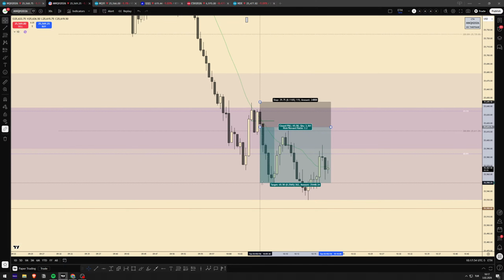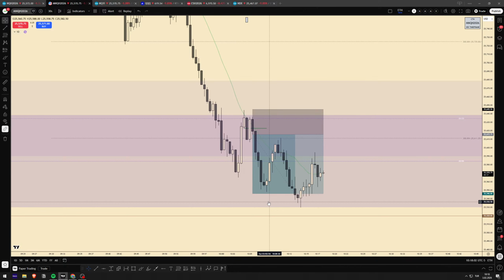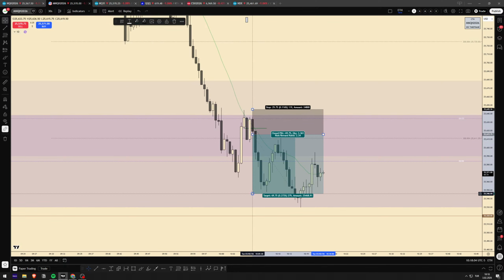Around setup would be something like that. With partial, the total profit is a little bit lower, but that's.